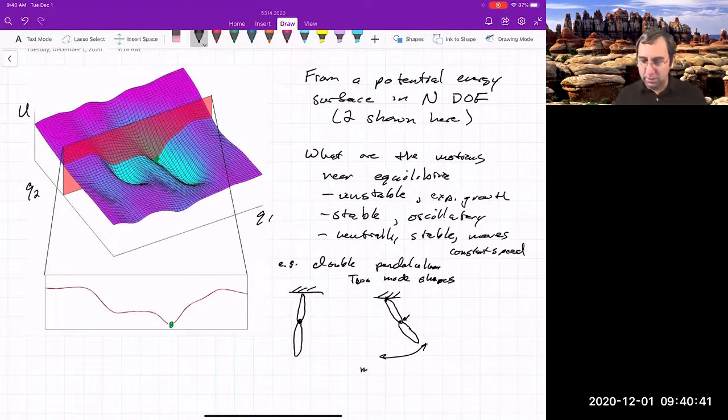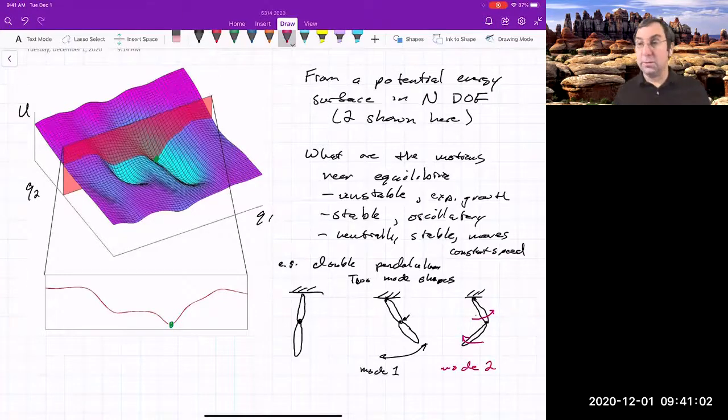We might call that mode 1. And then another mode is that as the top link goes one way, the bottom link swings the other way. We call this mode 2, and they'll tend to have different frequencies.